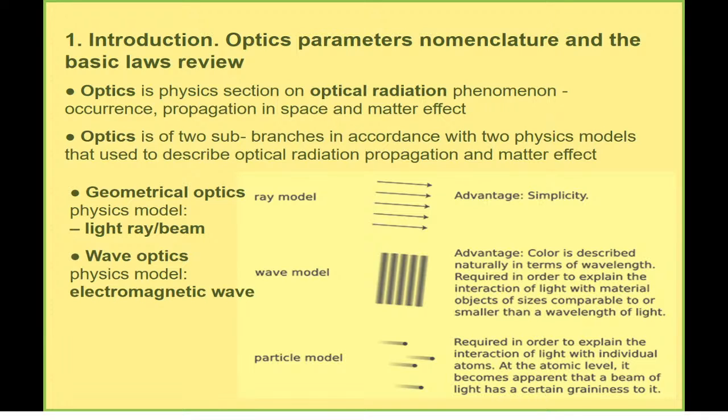No, wave optics gives the instrument to quantify the description of optical radiation. This required in order to explain the interaction of light with material objects of sizes comparable or smaller than a wavelength of light.